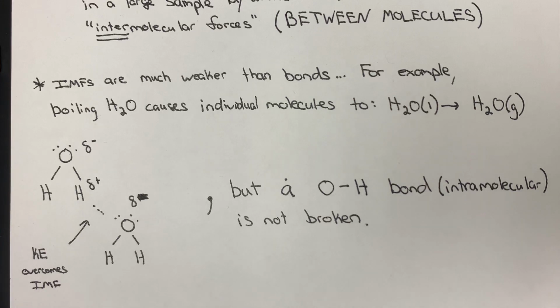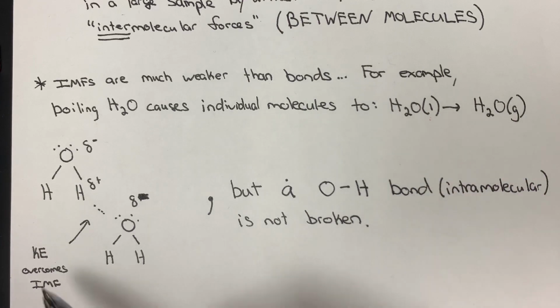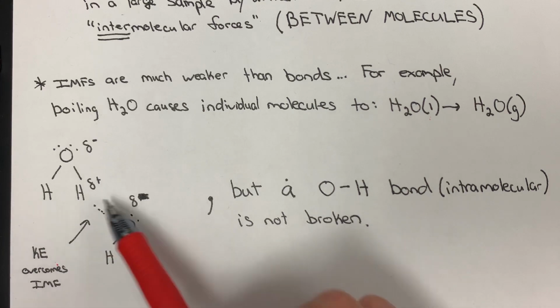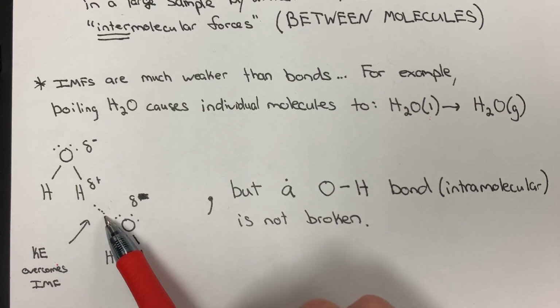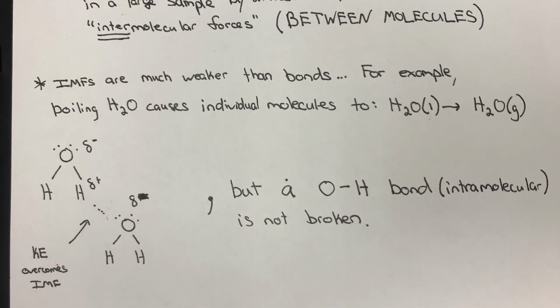For example, when we supply heat to a sample of water, we can transition that water from the liquid to the gaseous state. That heat or kinetic energy is sufficient to overcome the intermolecular force of attraction between the partial positive hydrogen of one water molecule and the partial negative oxygen of a separate water molecule, right?